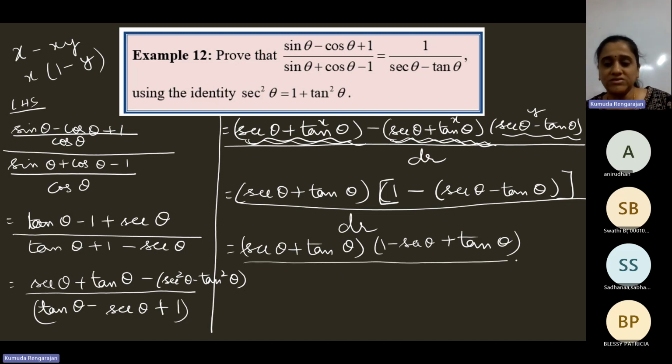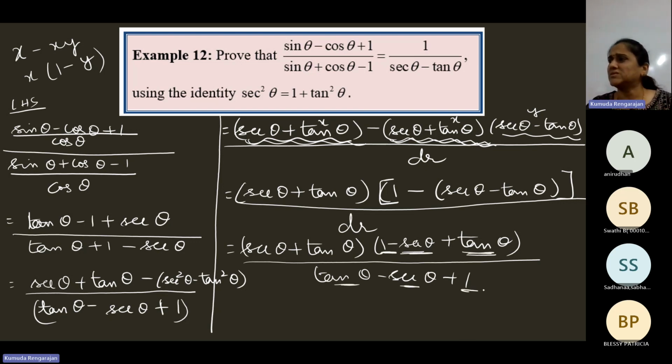Divided by, now let's write the denominator, tan theta minus secant theta plus 1. Same terms. So this expression gets cancelled. Same expression it is. So now we have secant theta plus tan theta.